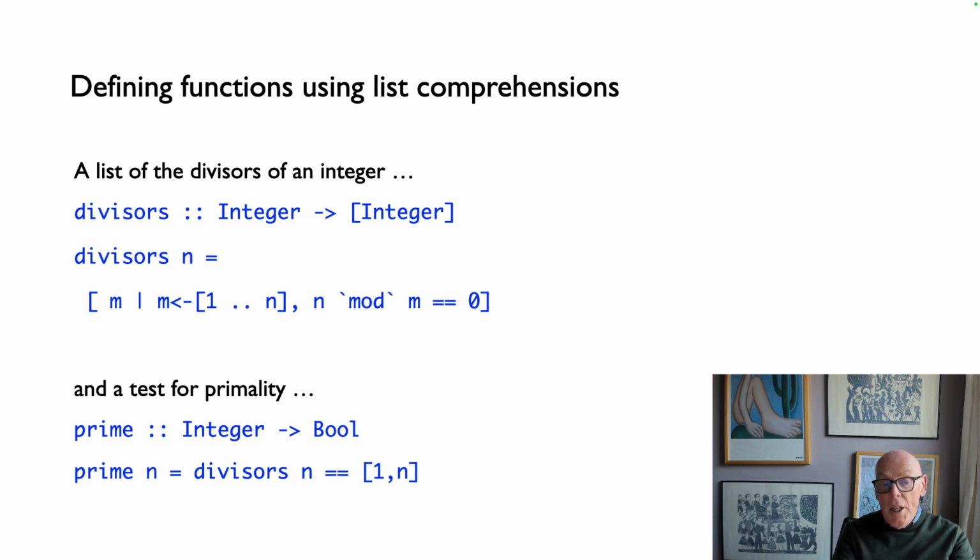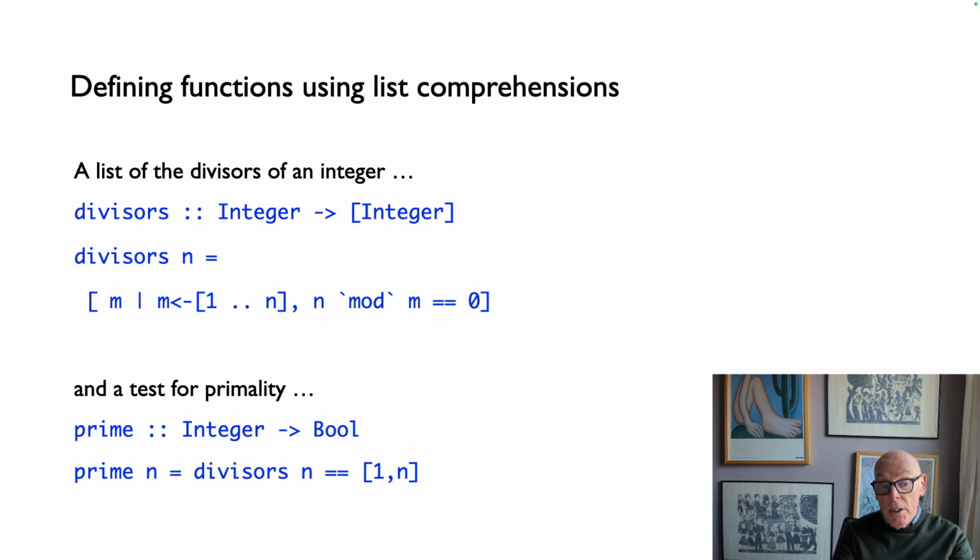Well, we generate the numbers from 1 up to n, that's the numbers m, and then we check, is the remainder when we divide m into n 0? That's what mod means, modulus. That gives you the remainder when m is divided into n. So that function will give us a list of the divisors. It gives us the numbers m that meet that condition. So they're the numbers m that go into n a whole number of times.